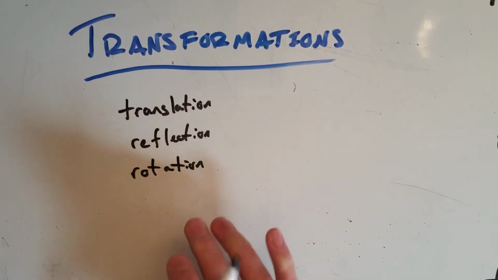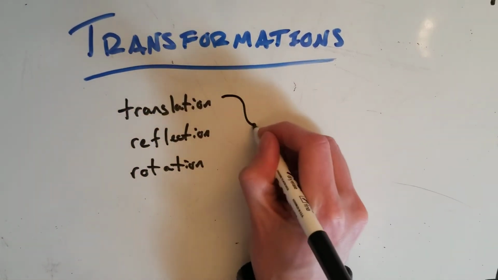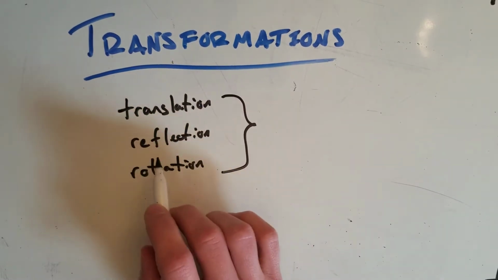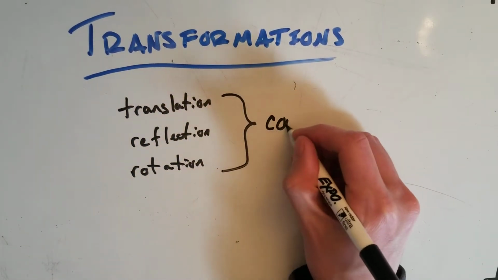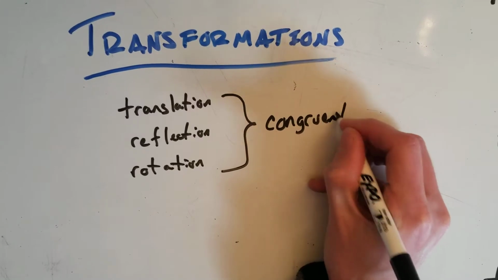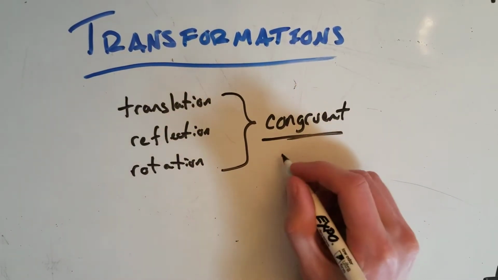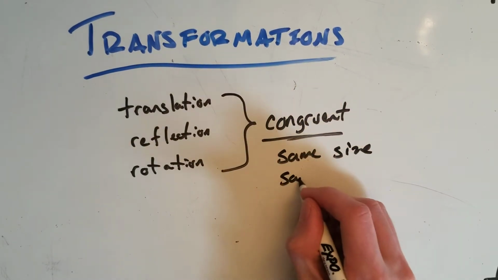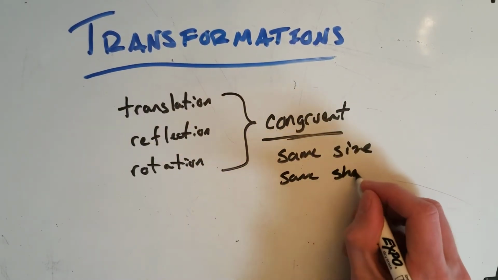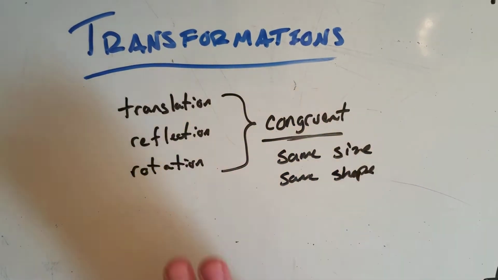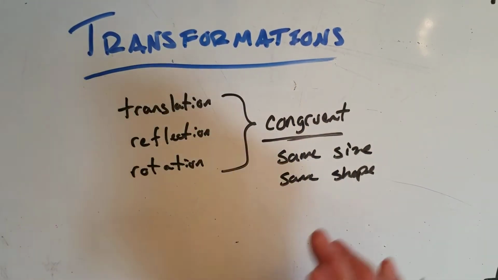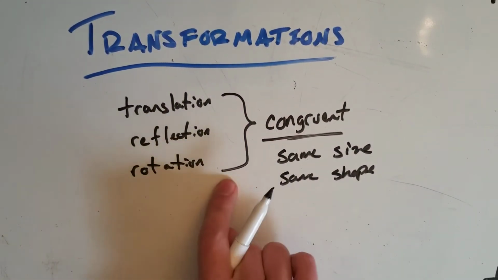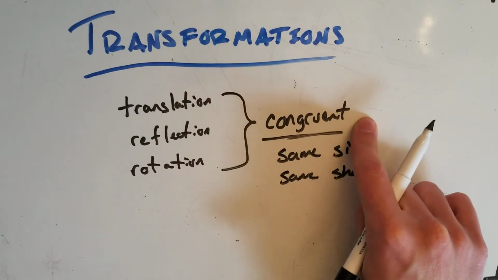There is a 4th that we'll talk about in the future, but all 3 of these have one special property: after you do one of these transformations, the figure is congruent, meaning it's the same size and the same shape. So the only thing that changes is the position, or maybe the orientation if it's been reflected over, but it's still the same size and the same shape. So these 3 transformations remain congruent with your pre-image and your image.